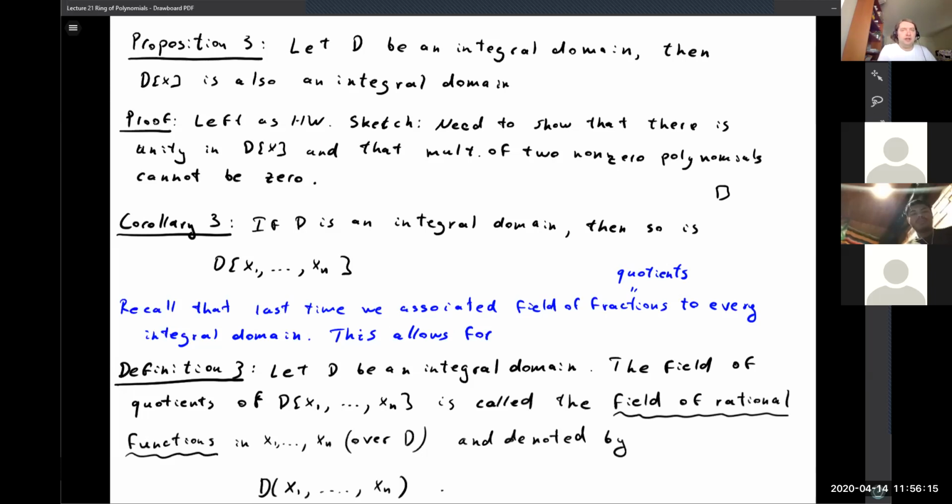So we talked a lot about the standard rings we can associate to R or D, like the ring of polynomials, the ring of formal power series, the field of rational functions. Now let's talk about some properties which are very specific to the ring of polynomials.